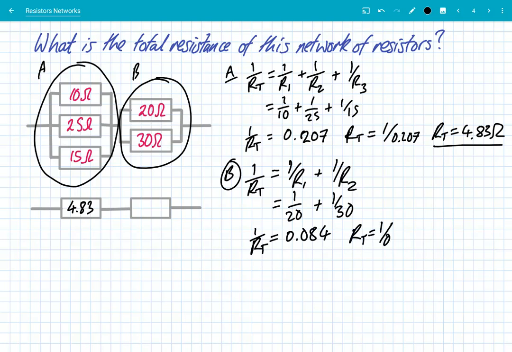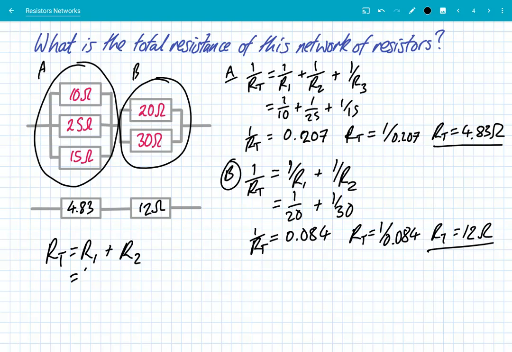So RT is 1 over 0.084, and RT is 12 ohms. We now put that in our simplified network. Now we've just got two resistors in series, so the total resistance is R1 plus R2, which is 4.83 plus 12, which is 16.83 ohms.